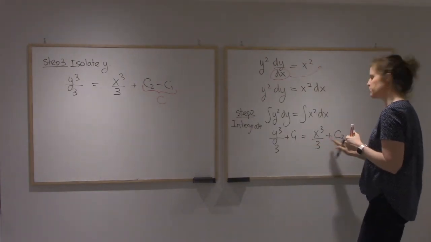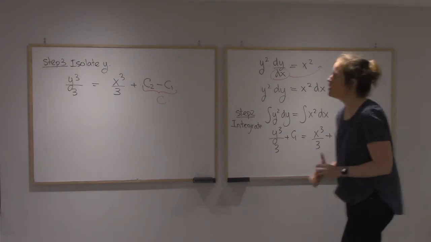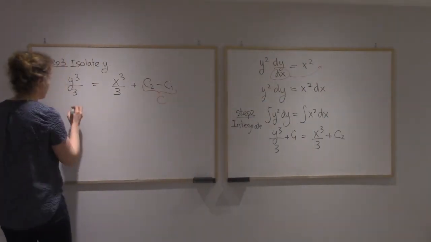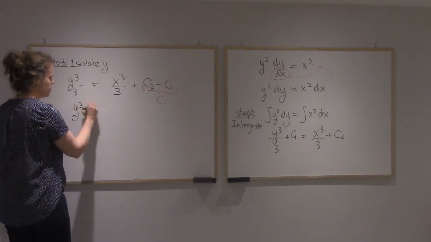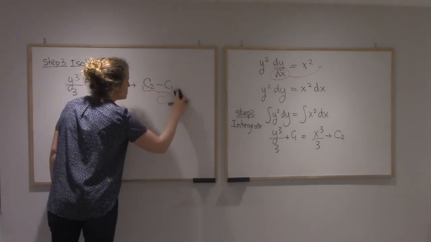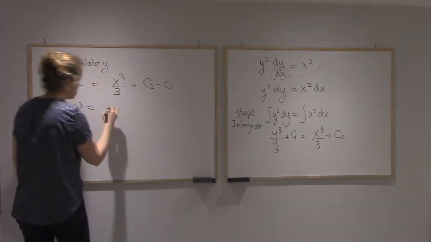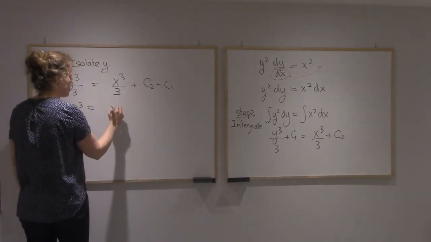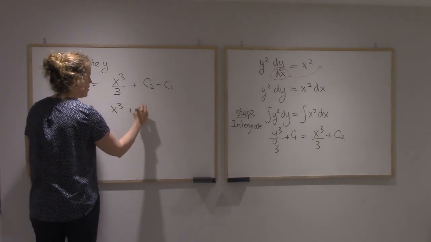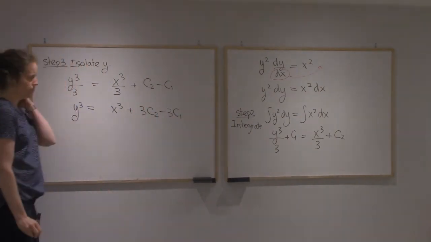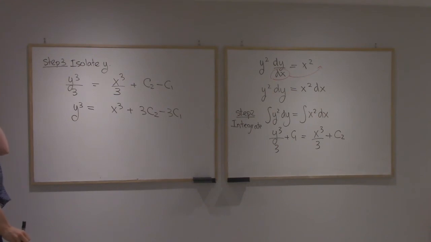You don't really need both c's, you could just use one. Now I'm going to multiply by 3. If I multiply by 3, I'll get x cubed, and then 3c2 minus 3c1. Again, that's just a constant.